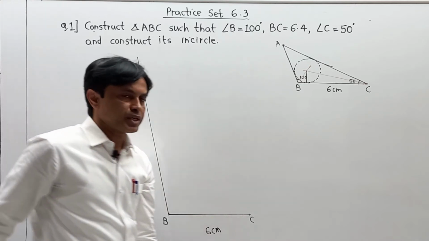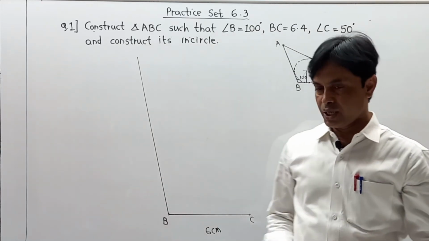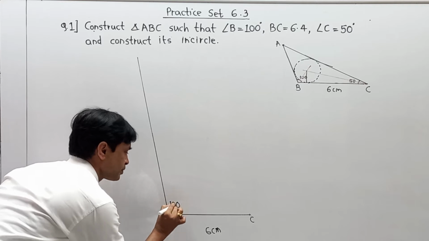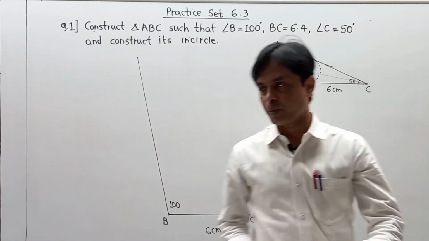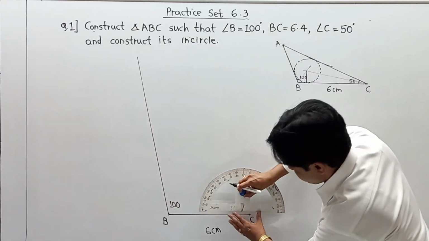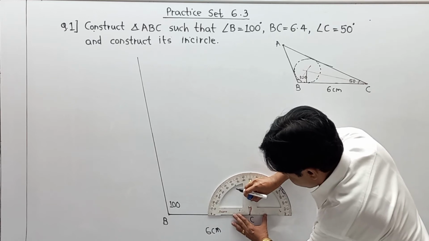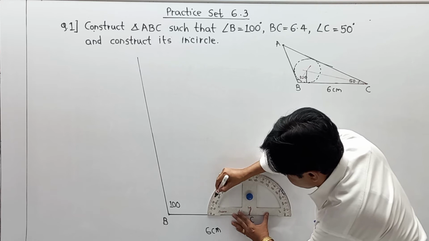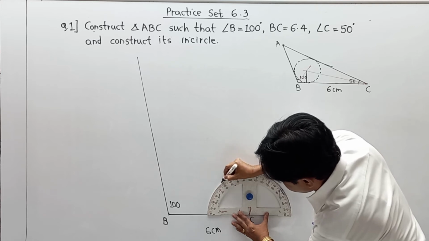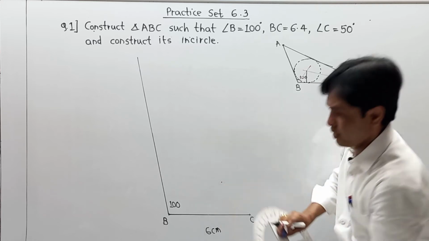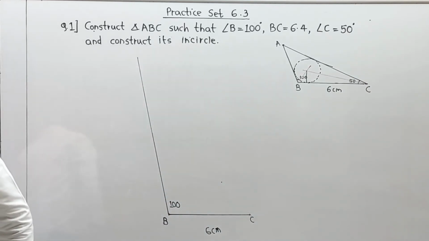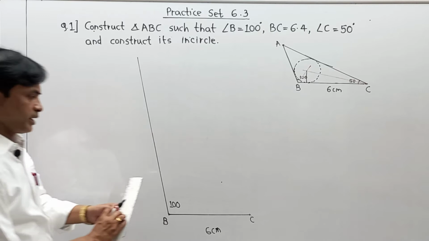Now from point C we are going to draw. Here angle B is 100 degree. Now from point C, here C is the main point, and from that the angle will be 10, 20, 30, 40, 50. So again I have to draw one line which has an angle of 50 degree.